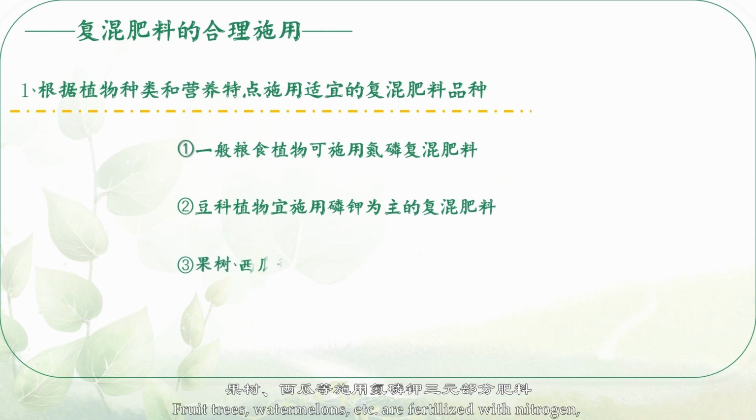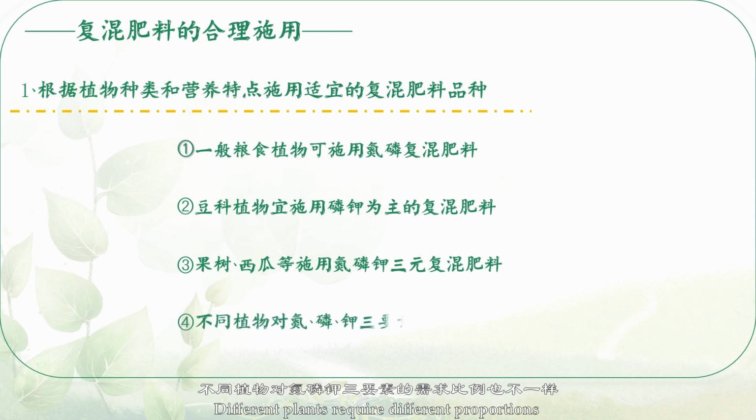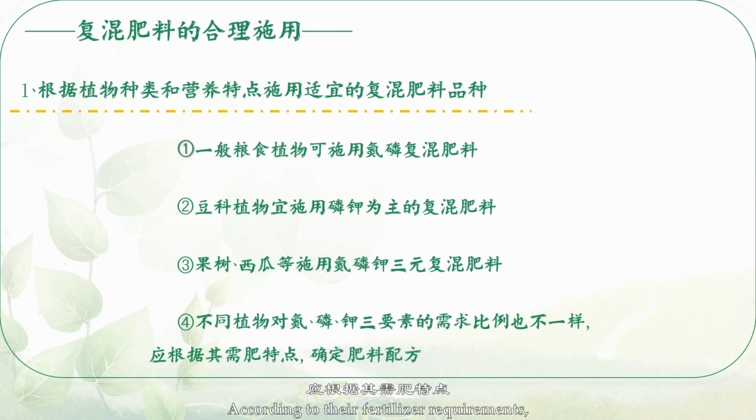Fruit trees, watermelons, etc. are fertilized with nitrogen, phosphorus, and potassium ternary parts. Different plants require different proportions of the three elements of nitrogen, phosphorus, and potassium. According to their fertilizer requirements, the fertilizer formula is determined.